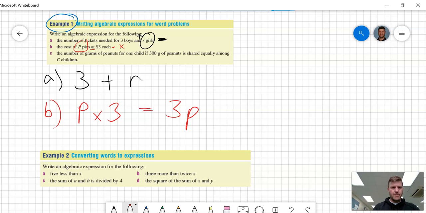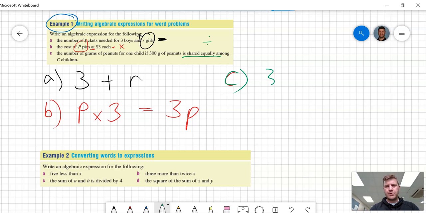Okay, moving on to example 1c. And it says here, the number of grams of peanuts for one child if 300 grams of peanuts is shared equally among C children. So we don't know how many children. It's represented by the letter C. Shared equally, we're talking about division.